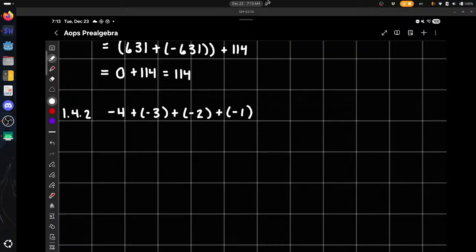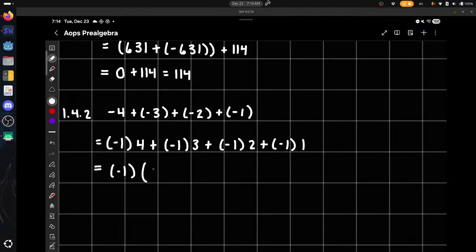Let's try to reinforce that distributive property. Plus, it just makes more sense. 1, 5, 6, 7, 8, 9, and 10.